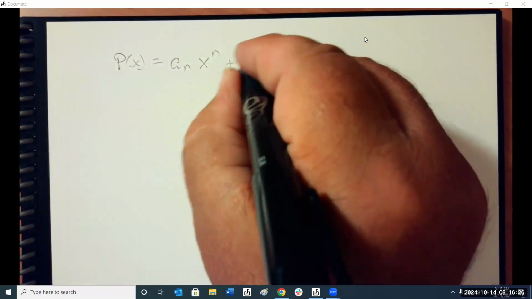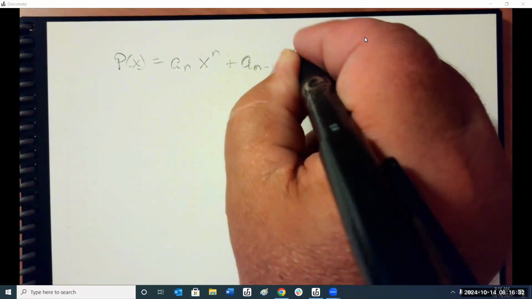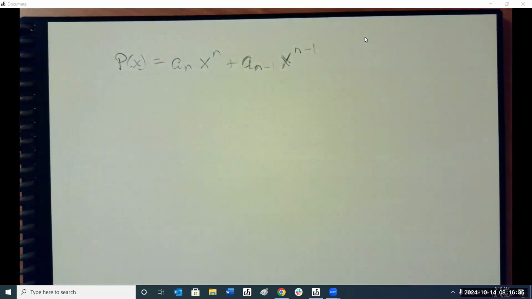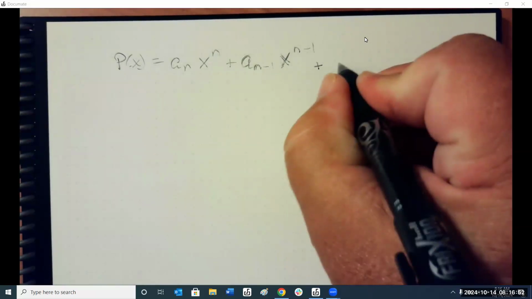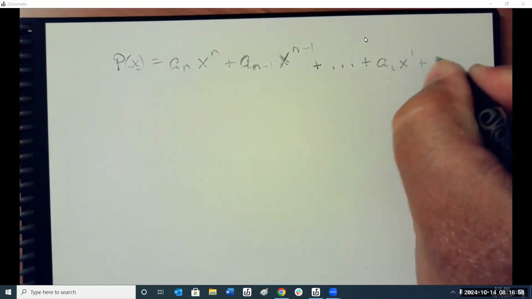Any polynomial function I have goes all the way down to a sub 1, x sub 1, a sub 0.